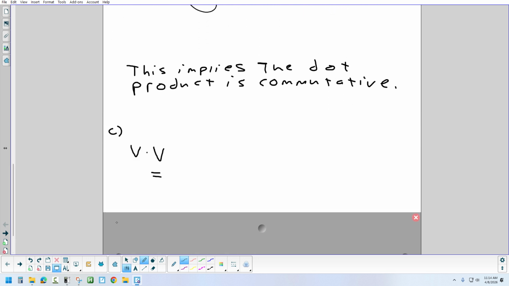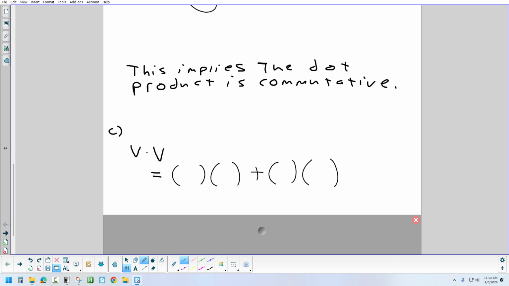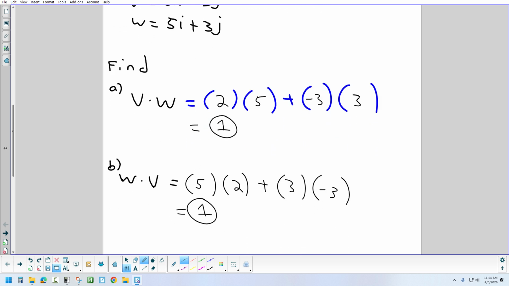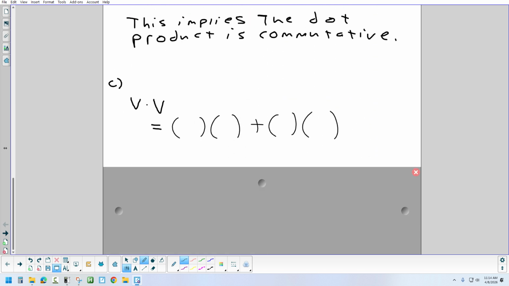All right, let's try this one, V dot V. So we're dotting the vector V with itself. What would the calculation look like for V dot V? 2 and 2, and -3 and -3.